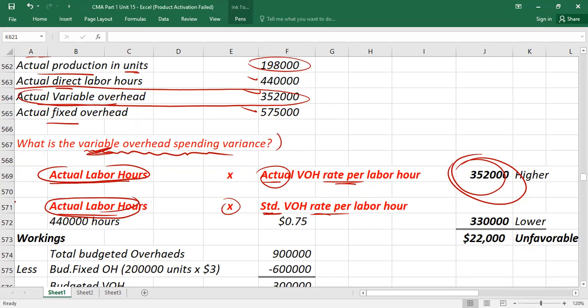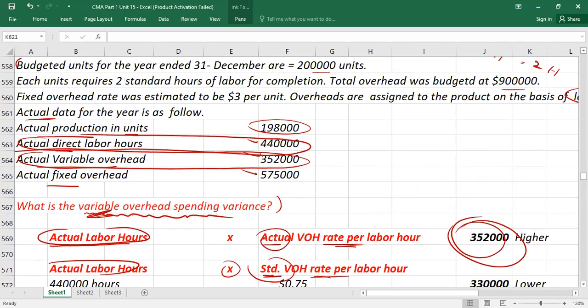Standard rate. Okay, look in the question. Are actual labor hours given? Yes, 440,000, so I will write it here. Check in the question. Is there any standard rate given? Standard rate is not given, but standard hours are given. Standard rate is missing. I have to calculate the standard rate for variable overhead.